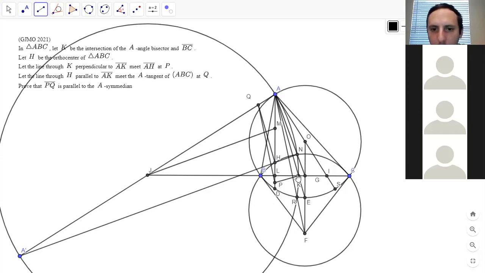So when you write out the ratios, you want to show that AH over AP is equal to IG over IK. Okay. Yeah, we're gonna calculate IG and IK and IP too.